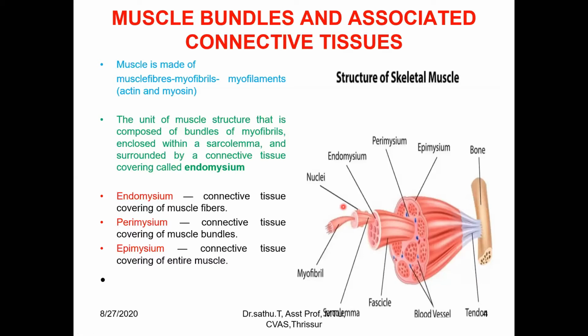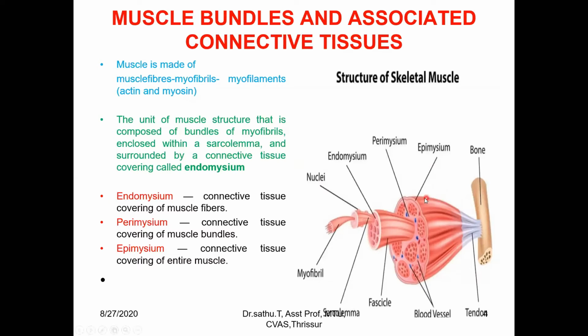Each muscle is made up of muscle fibers. Each muscle fiber is made up of myofibrils, and each myofibril is made up of myofilaments, that is the actin and the myosin.